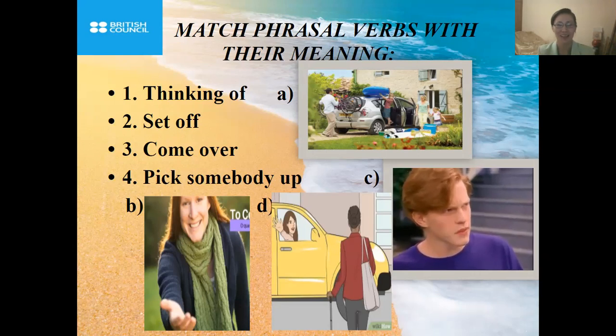You're going to have 3 minutes for this exercise. I'm going to show how many slides we have related to this exercise. After doing it, send the answers to my email address. So here's the first slide.